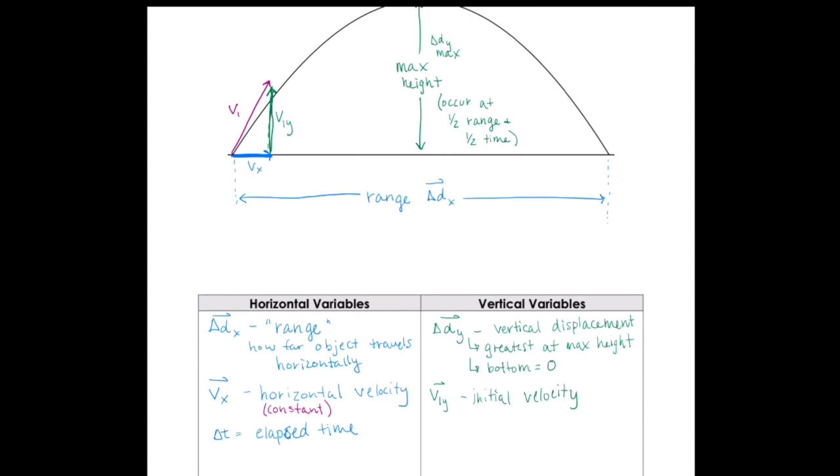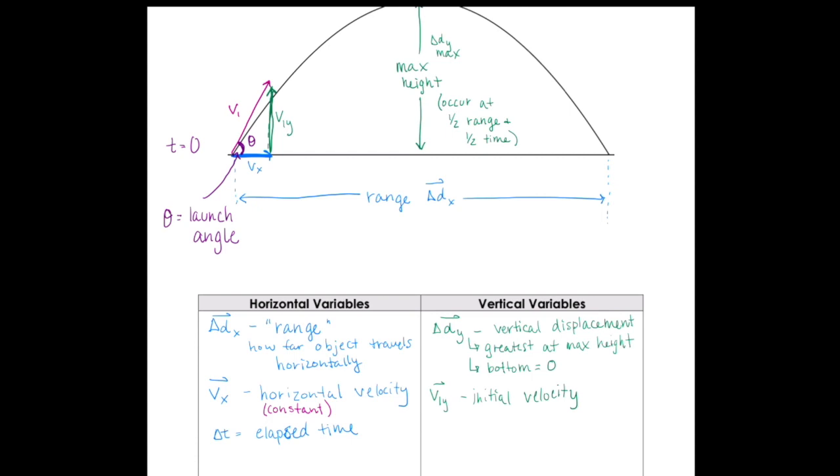Okay, and then here we would have theta, which would be our launch angle. So theta is just our launch angle. Okay, and this would be at t equals 0, whatever it is, seconds, hours, minutes.